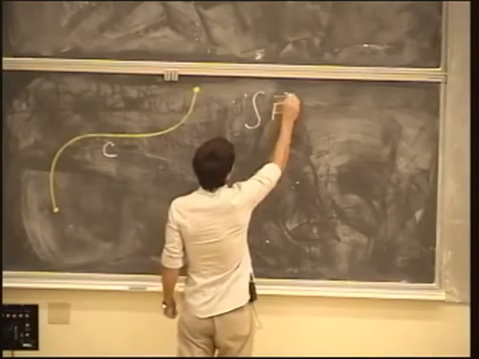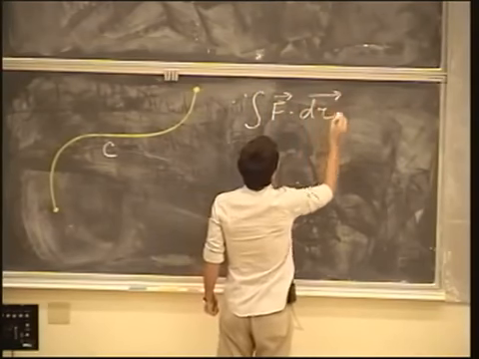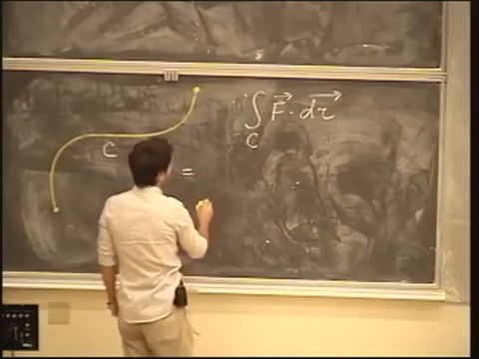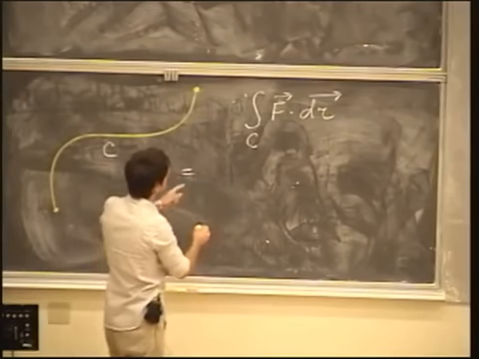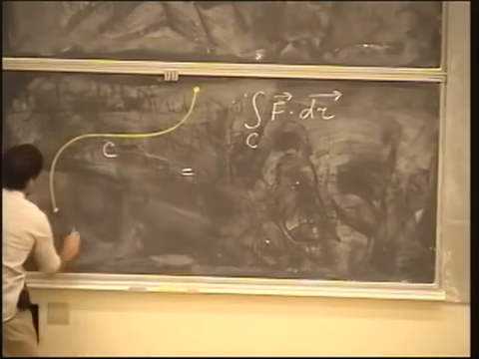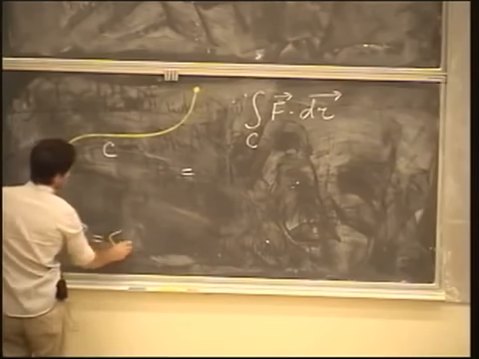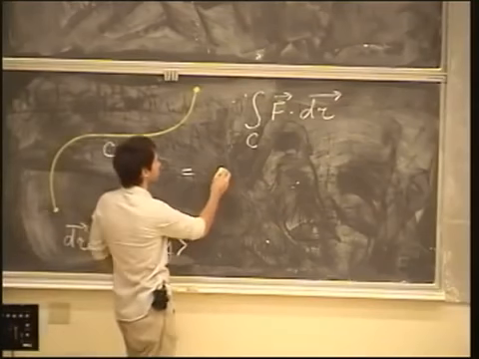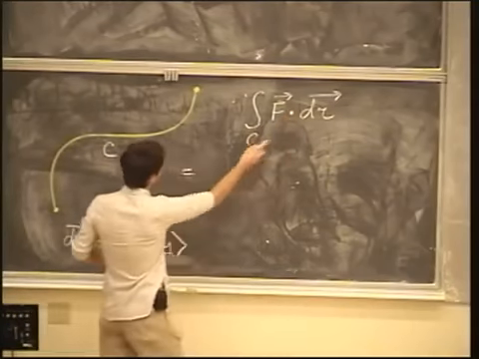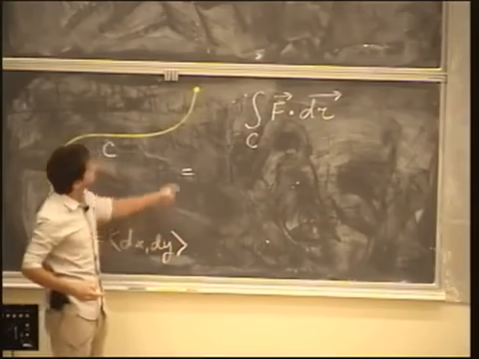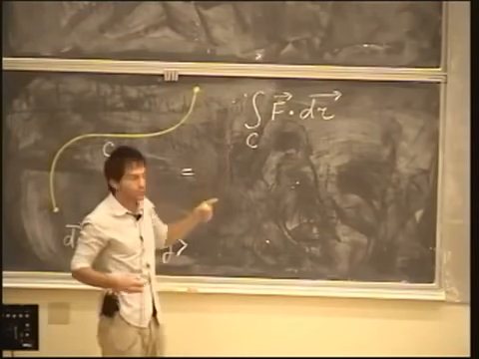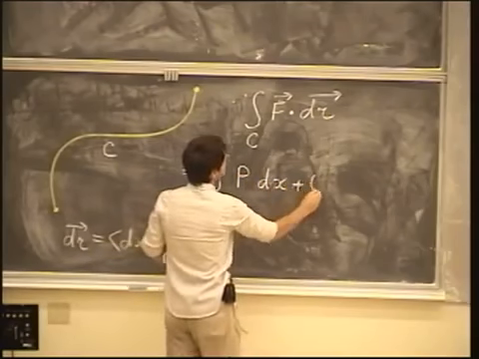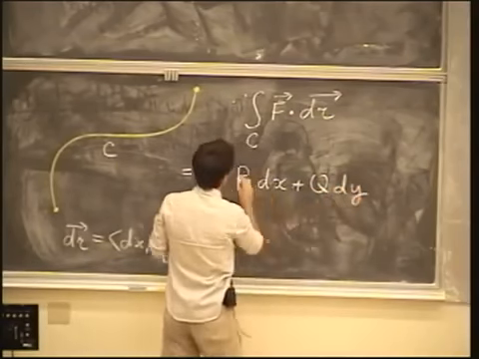We write it F dot dr over C. Dr here also stands for a vector which has two components, dx and dy. Okay? And when you take the dot product of these two vectors, you produce P dx plus Q dy. Right.